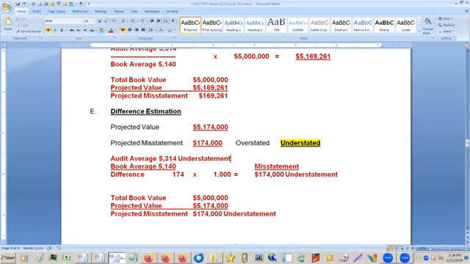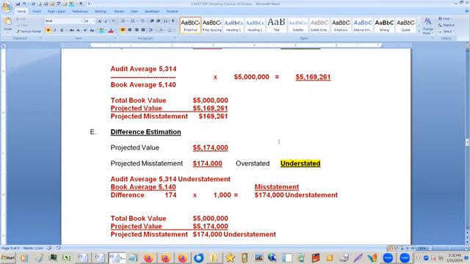Each one of these is understated by $174. This is what we say they should have, and this is what they say. So every one is misstated by 174 times 1,000 equals a 174,000 understatement.